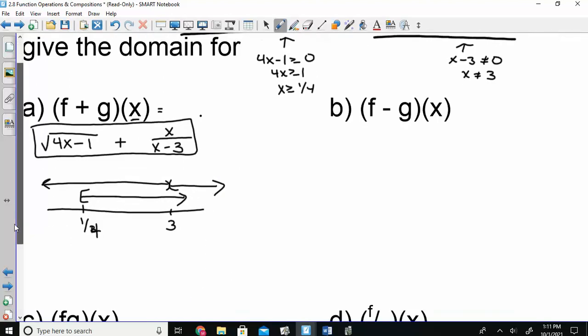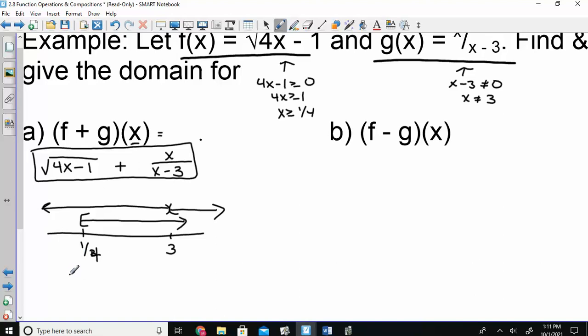What's the overlap of my number line? What numbers get shaded by both of those? Everything from 1/4 to 3. We have to put a parenthesis on the 3 because the second one you can't have a 3. Union, we can also take everything bigger than 3.